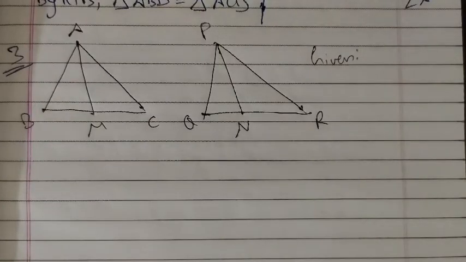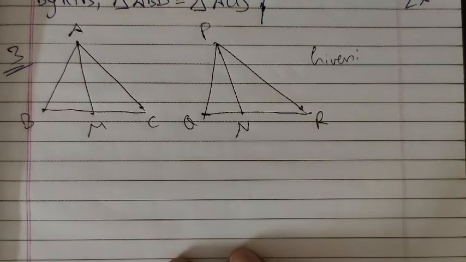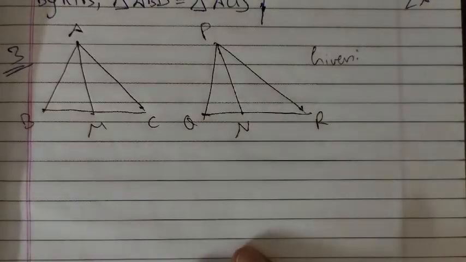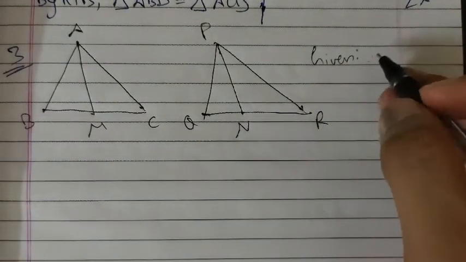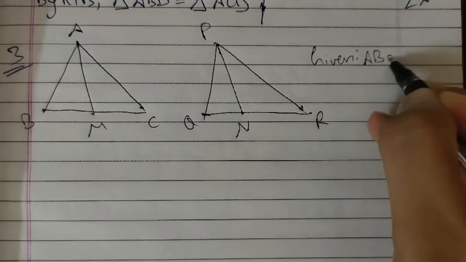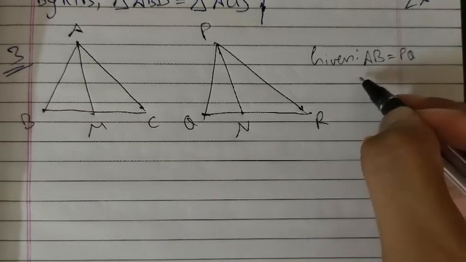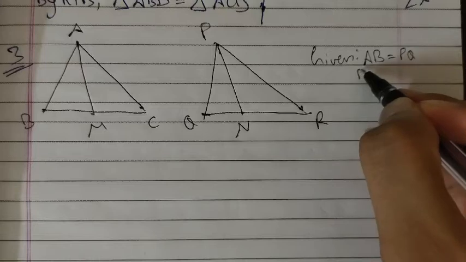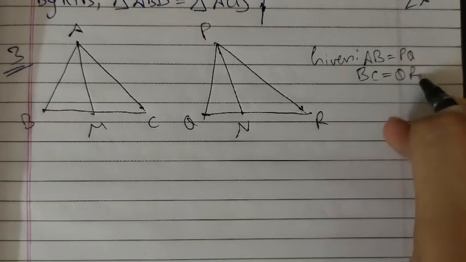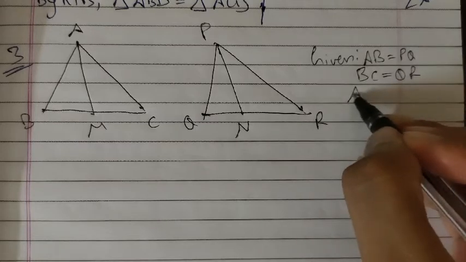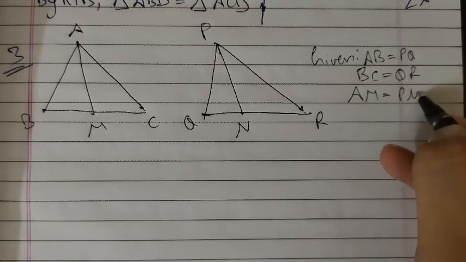Next is question number three. Two sides AB and BC and median AM of one triangle ABC are respectively equal to sides PQ and QR and median PN. So that means AB is equal to PQ, BC is equal to QR, and AM is equal to PN.